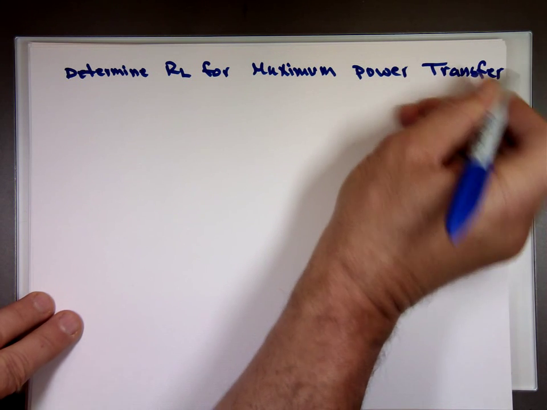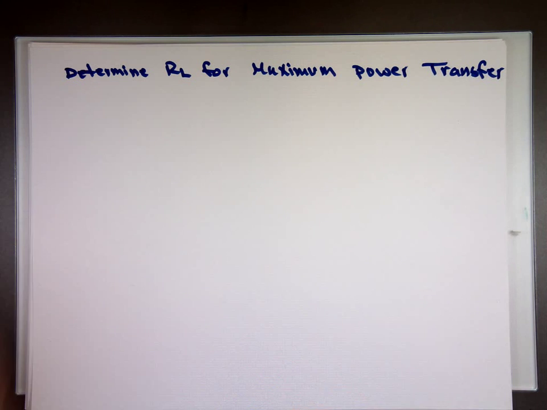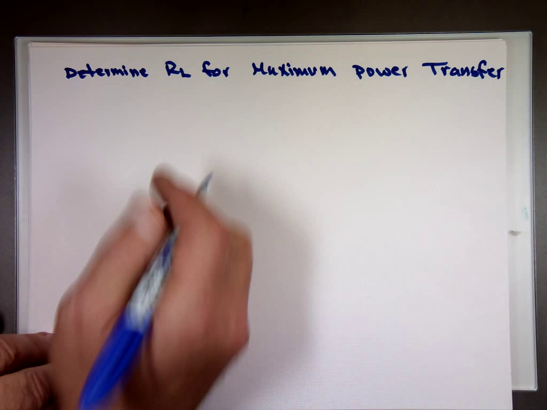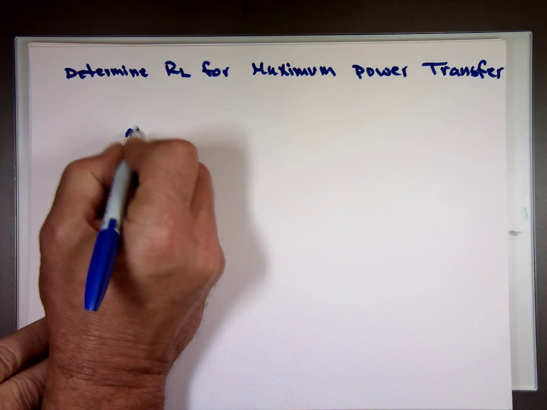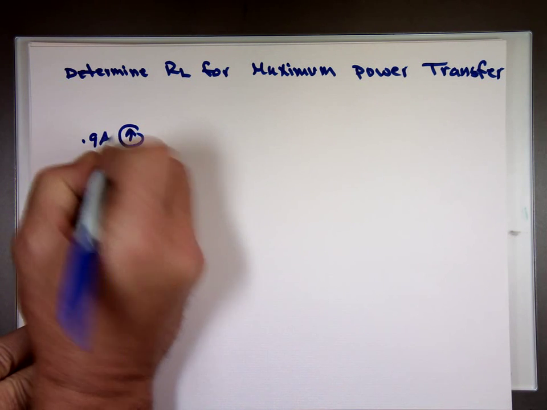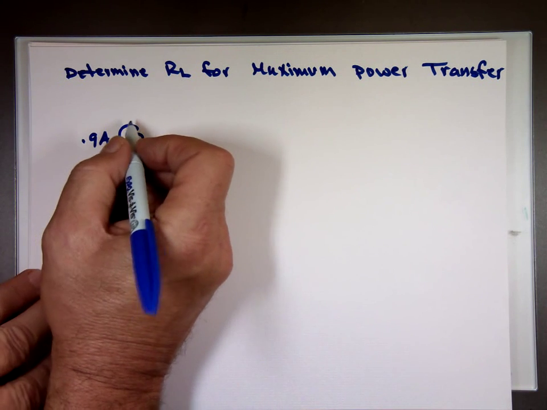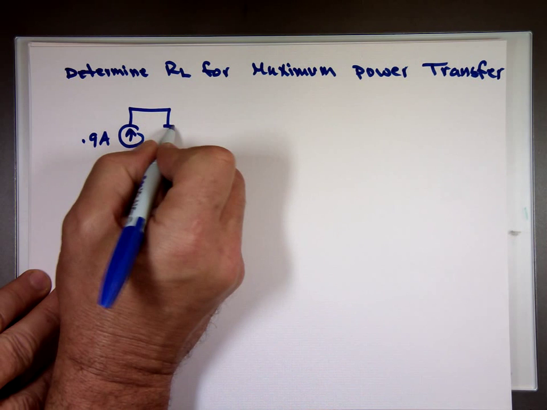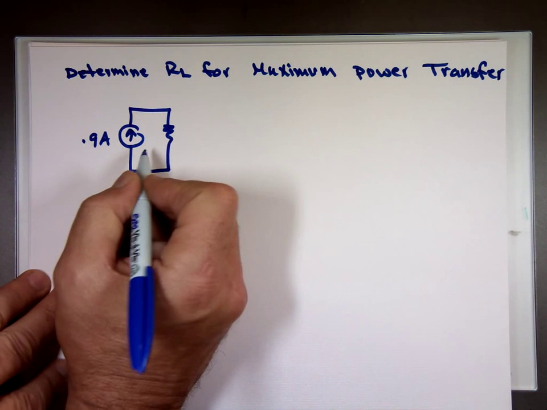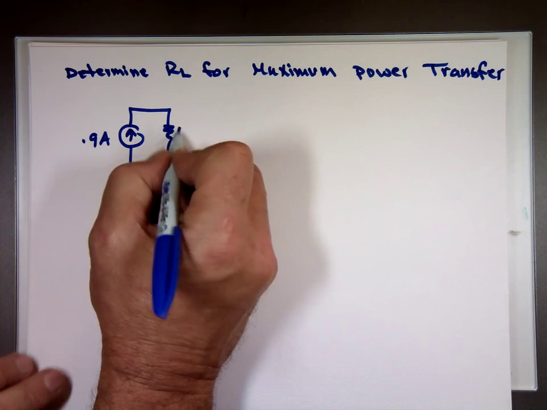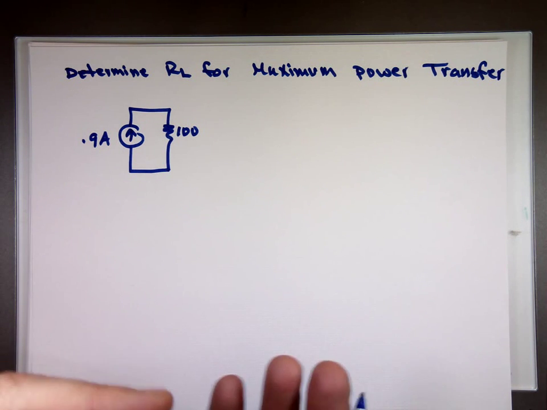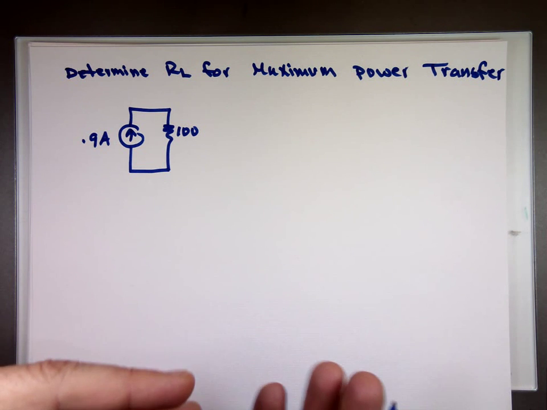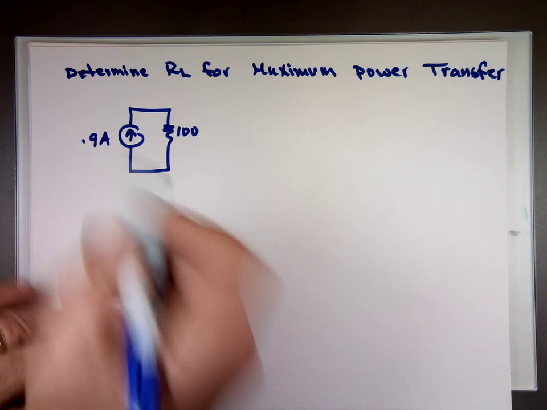That's an indirect way of saying find R Thevenin. Here's my circuit. 0.9 amp, 900 milliamp, which is 0.9 amp. If I say find R sub L for maximum power transfer, I'm not saying what's the power. You'll need to find R Thevenin, that's it. But we'll do both here.